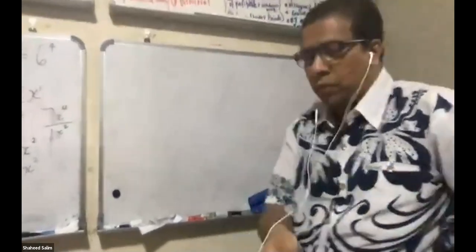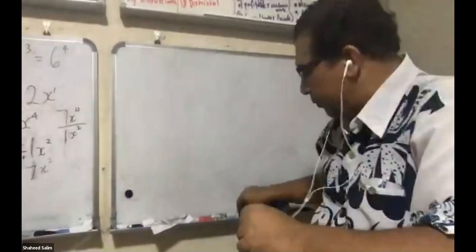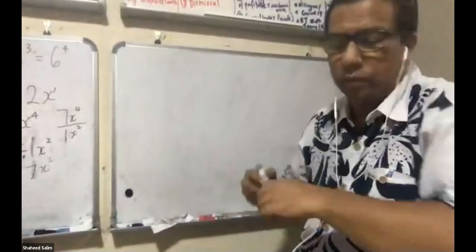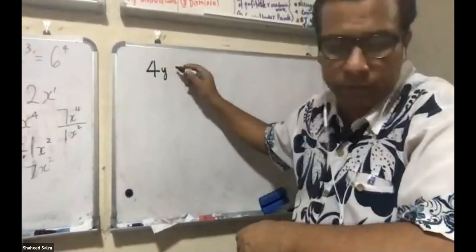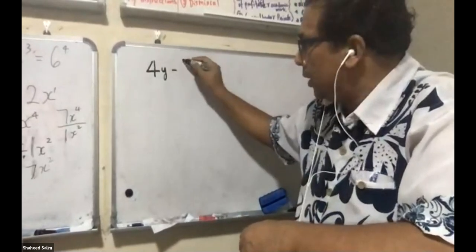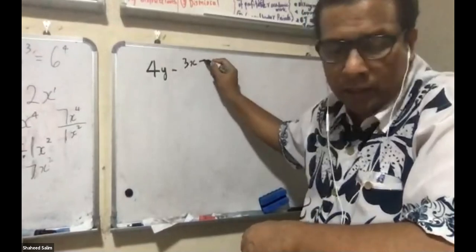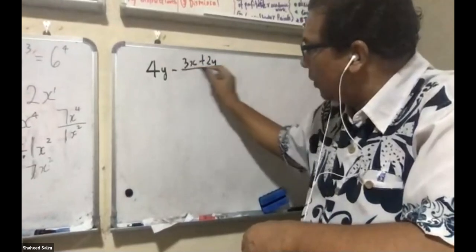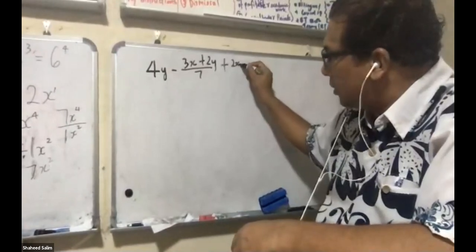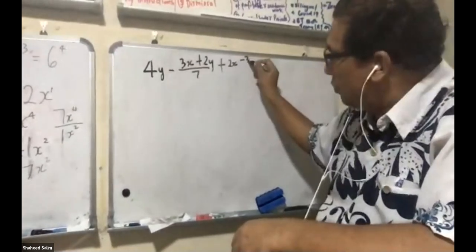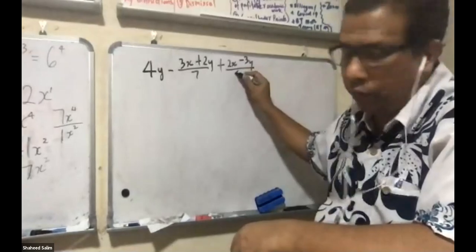Okay, now we are going to do it step by step. 4y minus 3x plus 2y over 7, plus 2x minus 3y over 4.